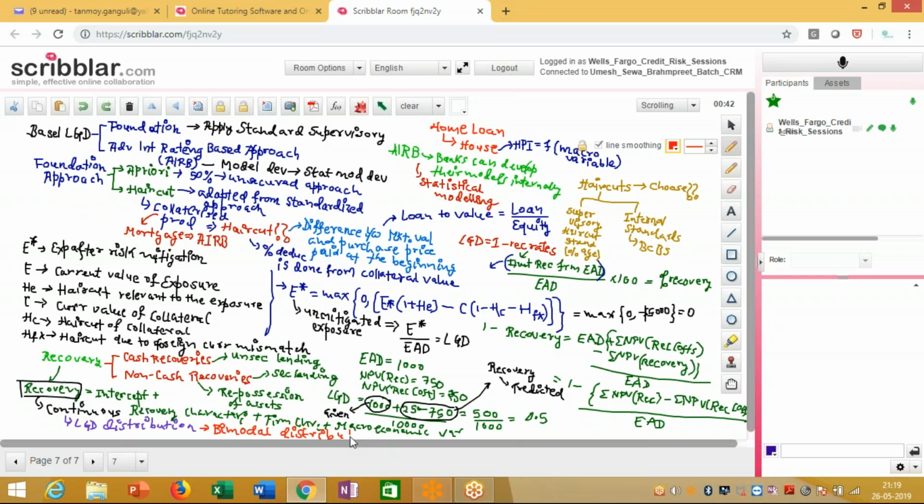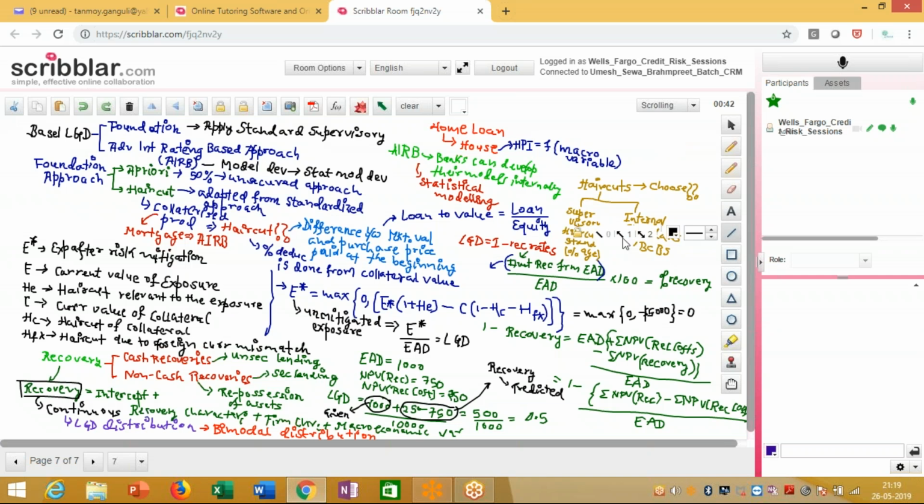Now, why is this a bimodal distribution? Because one very important characteristic of a loss given default model is that generally the distribution is concentrated either towards zero or towards one.